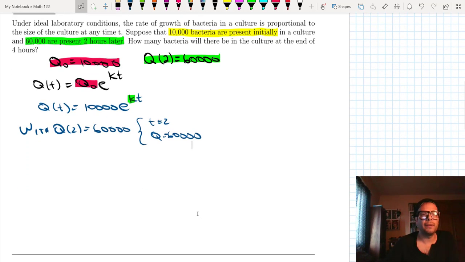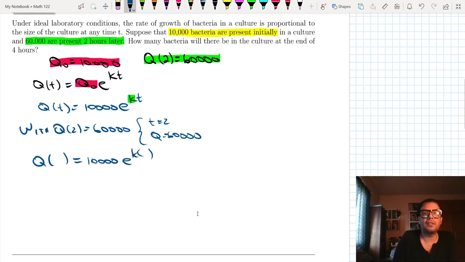Now plug it in: Q of 2 equals 10,000 e to the k times 2. So on the right-hand side of the equation we get 10,000 e to the 2k. And what is Q of 2? From the condition, Q of 2 is the same as 60,000, so we replace this with 60,000.